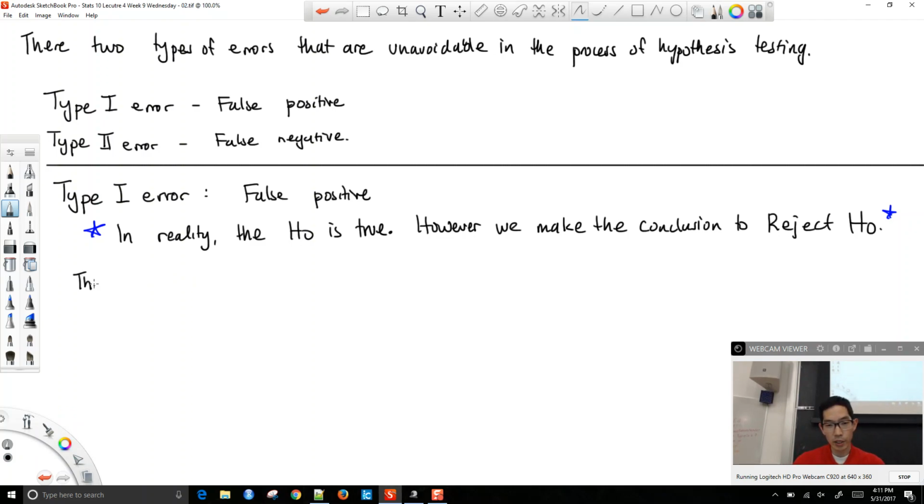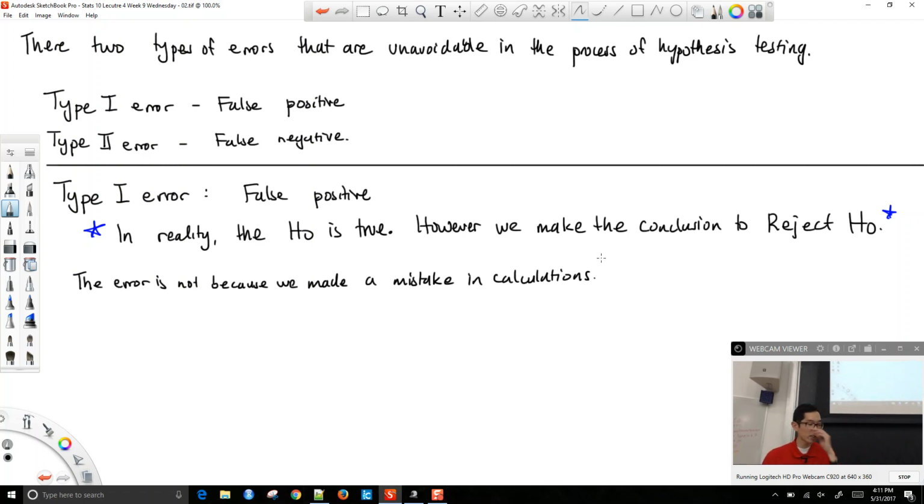So I should say, the error is not because we did our math wrong. Okay, the error is not because we made a mistake in calculations. Instead, what this means is that because of random sampling, we happened to just get a weird sample that led us to the wrong conclusion. Okay?